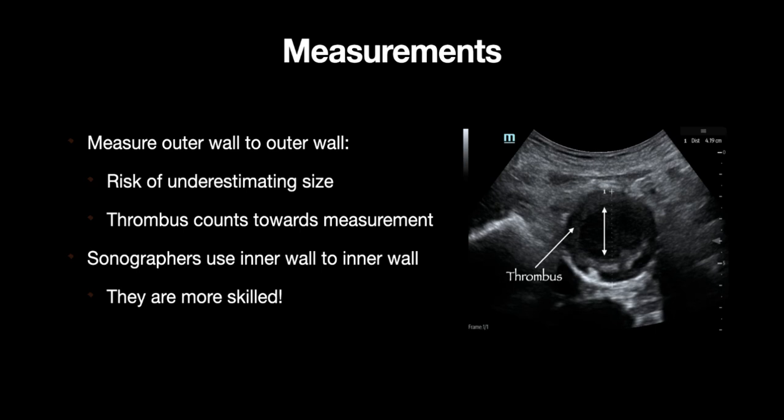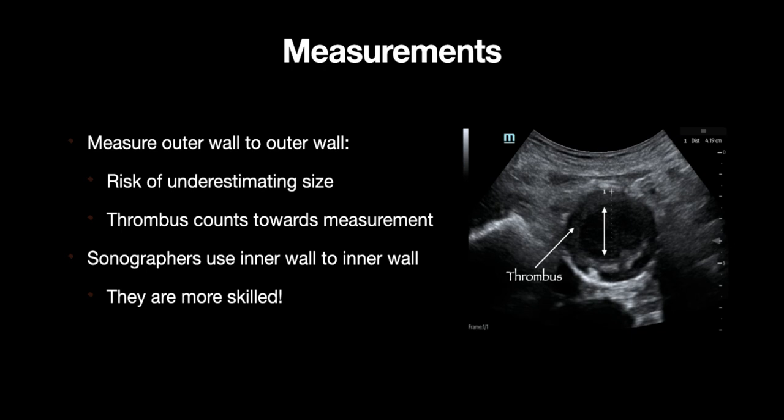Now, sonographers, when they scan, they measure the inner wall to inner wall, but it's important to remember also with that, that still includes the thrombus. They're just trying to identify the exact wall of the vessel a bit more clearly. In the image again, you can see that the anterior wall isn't particularly distinct, but posteriorly it's outlined a bit clearer.